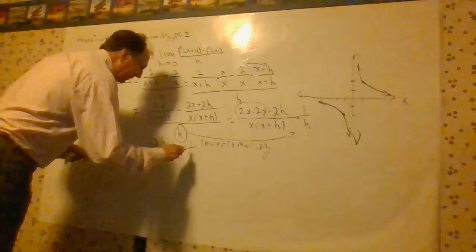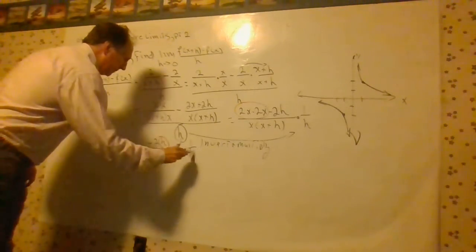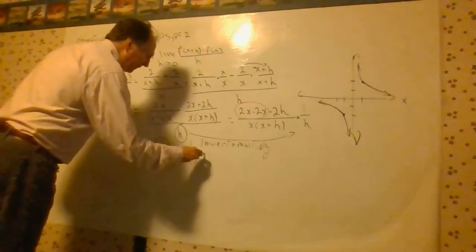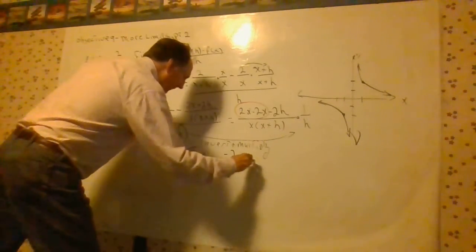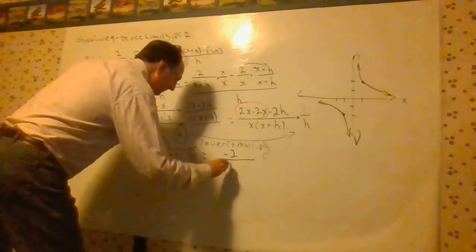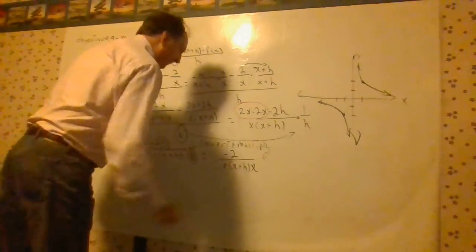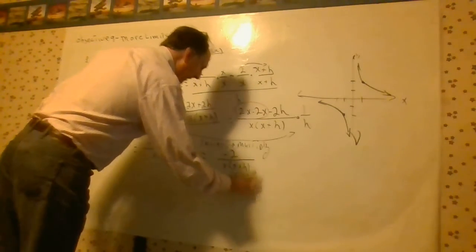That's an h there. Then we cancel out the h's, and we have negative 2 over x times x plus h, that's just that.